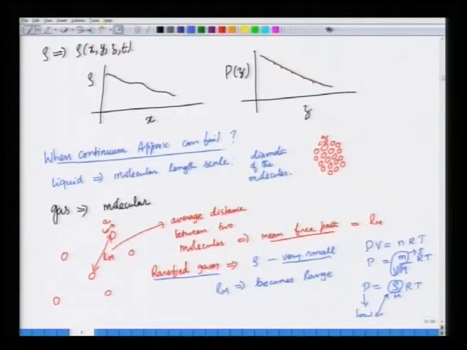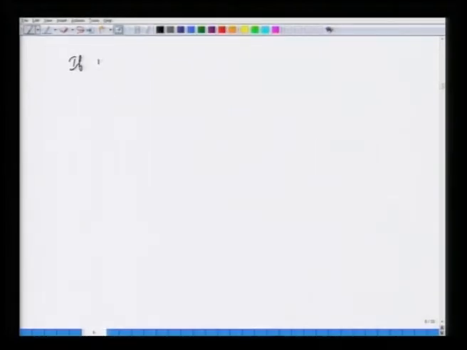If the mean free path becomes very large, by very large we mean that the mean free path becomes comparable to the macroscopic dimensions. For example, you have flow of a rarefied gas in a channel with diameter or length h, and let us say the mean free path is of the order of h.